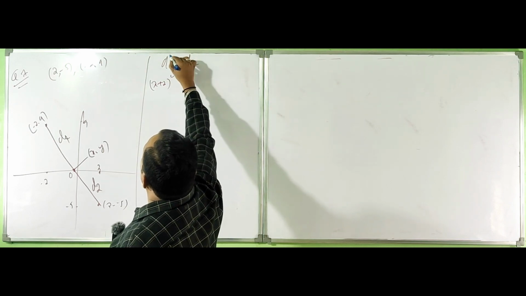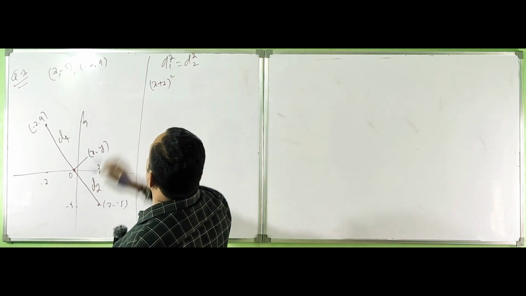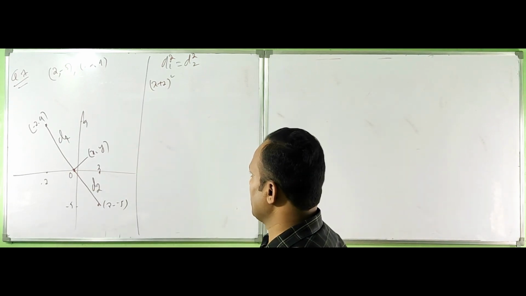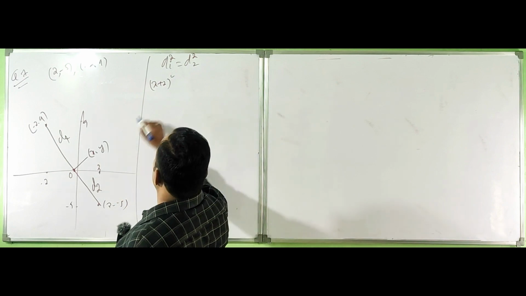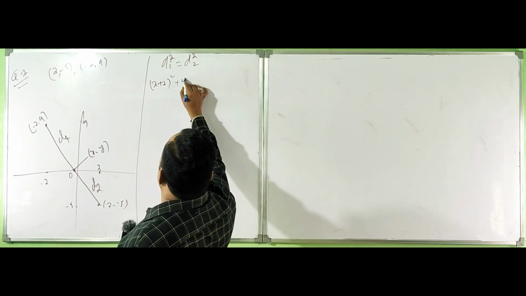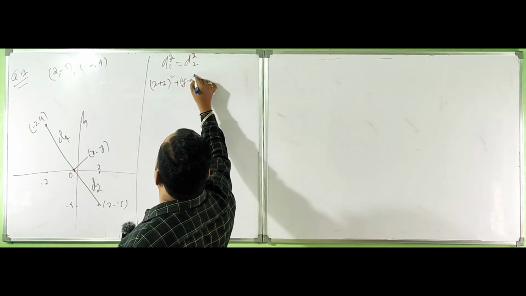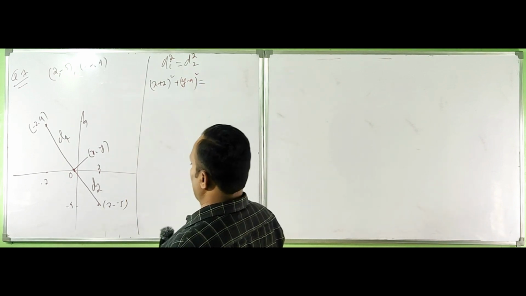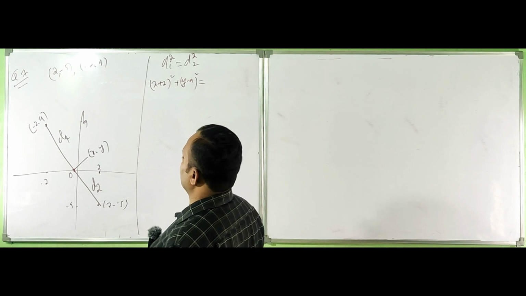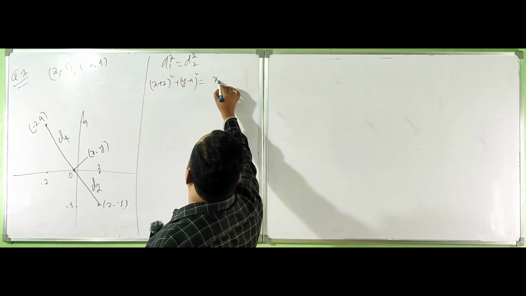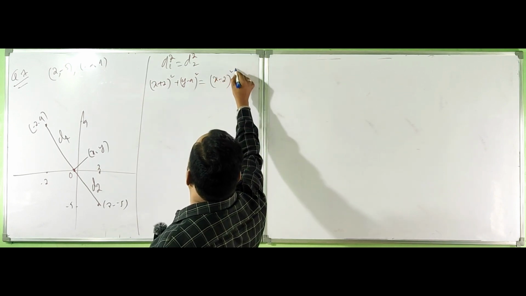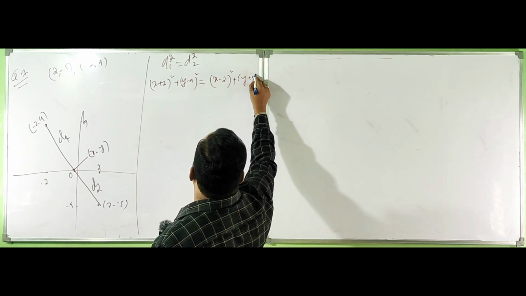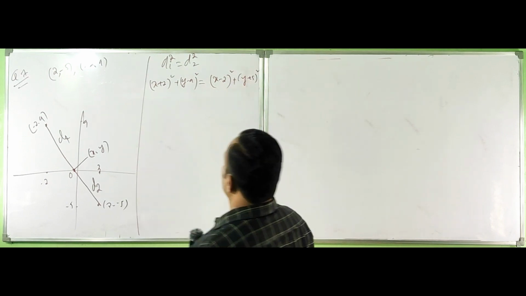It's okay, for simplification I am writing D1 square and D2 square. (x + 2)^2 + (y - 9)^2 is equal to, from this point, (x - 2)^2 + (y + 5)^2.